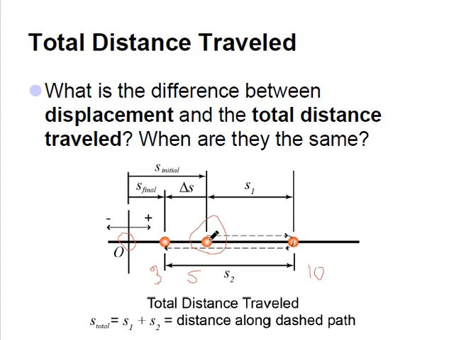You're going to move along the dash path, and then end up here at the end of the arrowhead of the dash line. That's your S final. The S final is only 3 meters. Initial is 5 meters away from the origin. Final is 3 meters away from the origin.